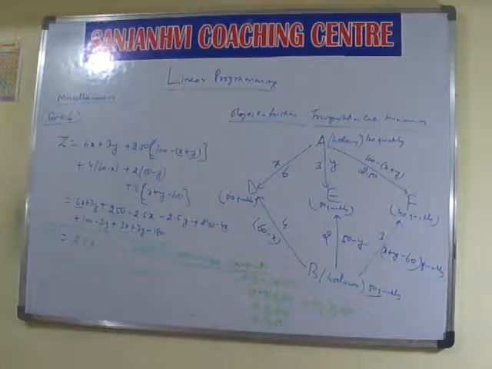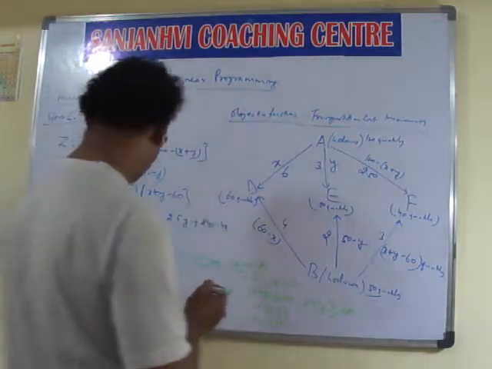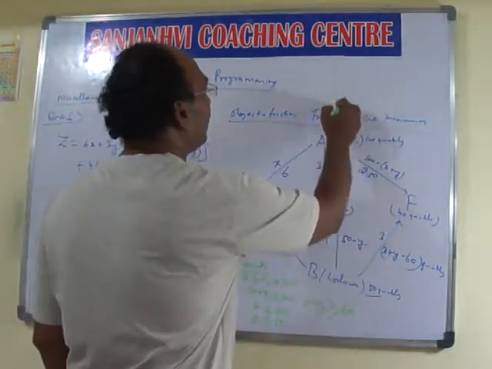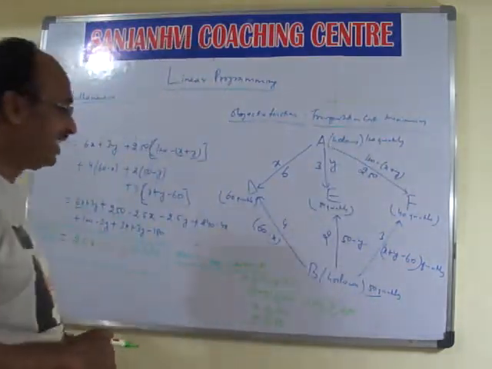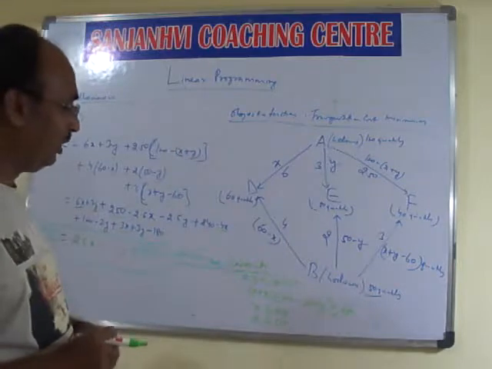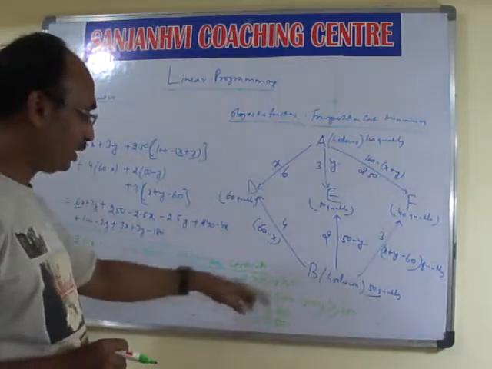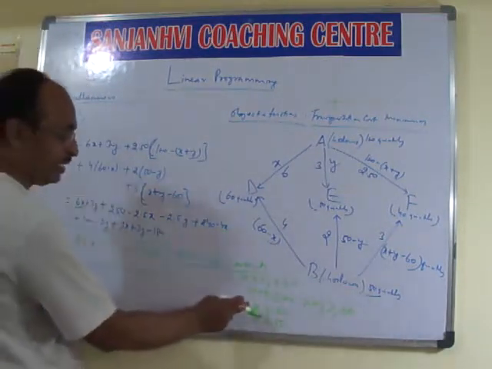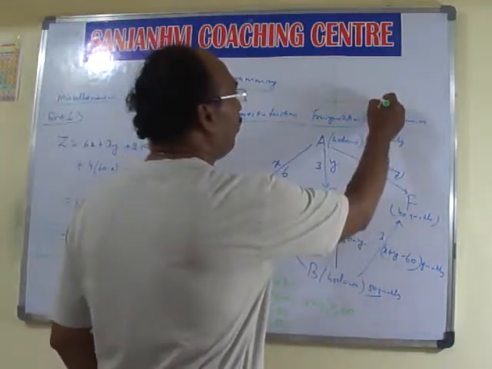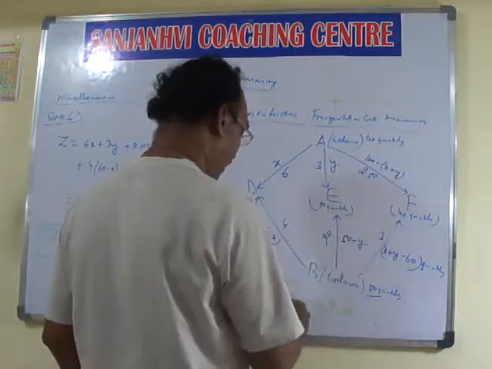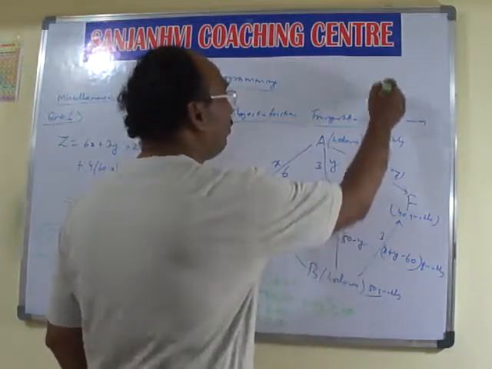If you are drawing a graph here, we have a lot of points. X greater than 0, y greater than 0, no need to go for it. X equal to 60, so 60 and 0.